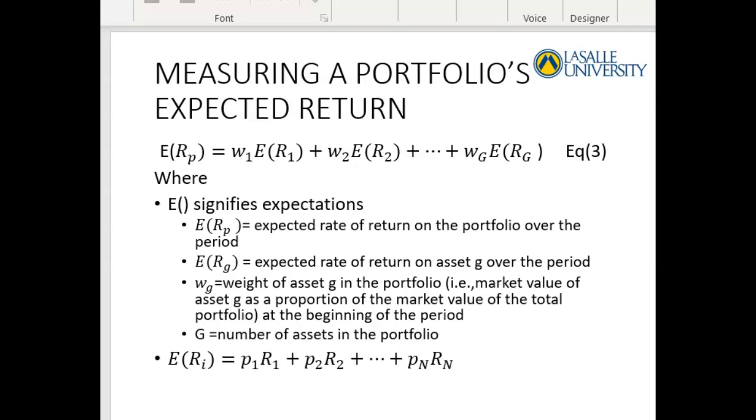And finally, rather than using the term expected value of the return of an asset, we will just simply use the term expected return. That's what we mean by this E of Ri in this equation. So let's take a look at a simple example in Excel to help us clarify this concept even more.